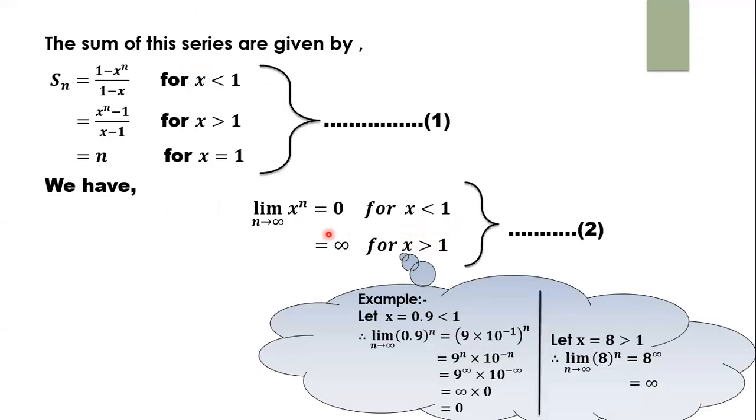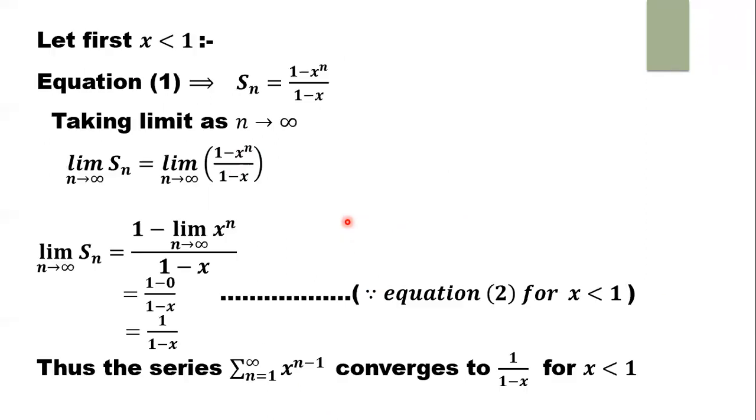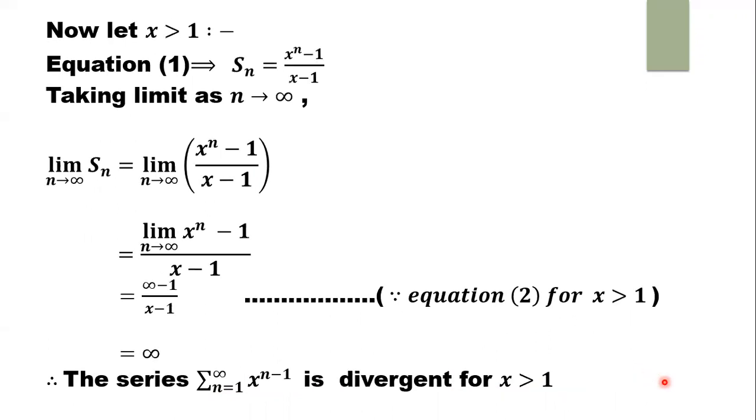So 1 minus 0 upon 1 minus x. Here we get 1 upon 1 minus x. Thus the series summation n equal to 1 to infinity x raised to n minus 1 converges to 1 upon 1 minus x for x less than 1.